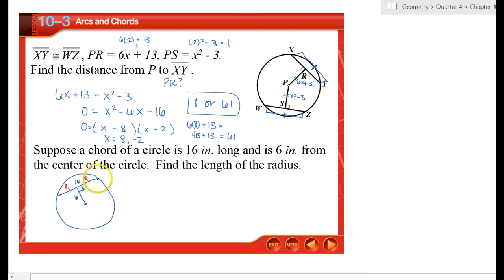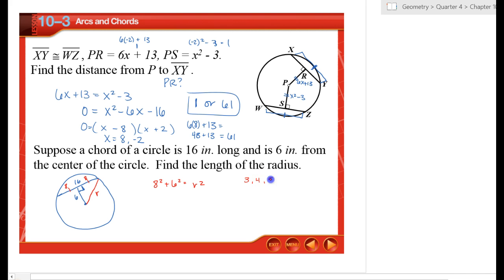And I want to find the radius. So I'm going to draw in the radius there, so it's more clear. Okay. You can do the Pythagorean theorem, 8 squared plus 6 squared equals r squared. Or you can realize that this is a multiple of a 3, 4, 5 triangle.